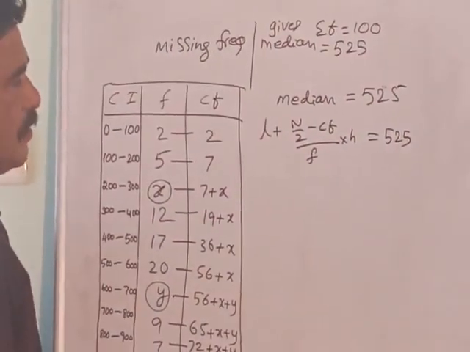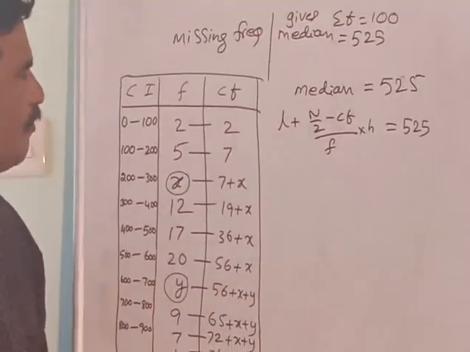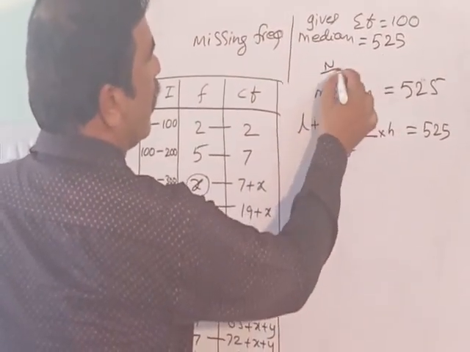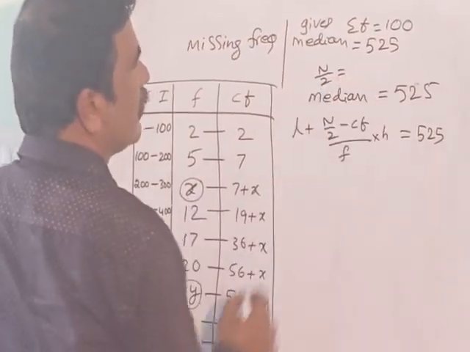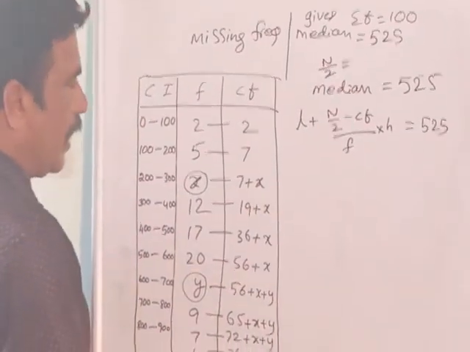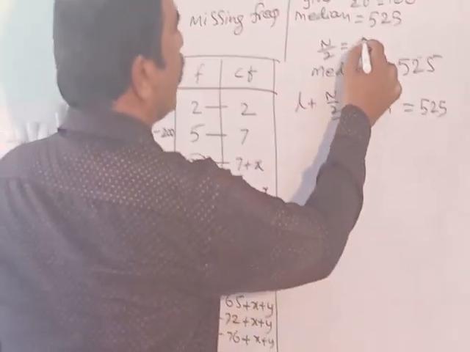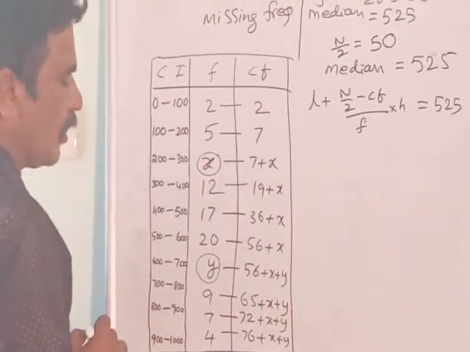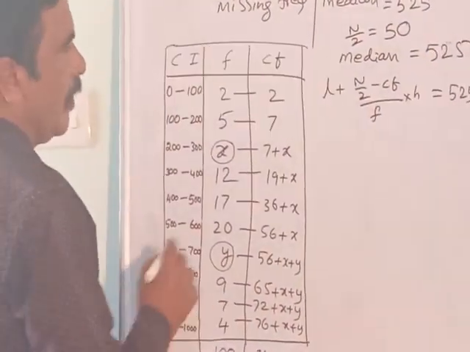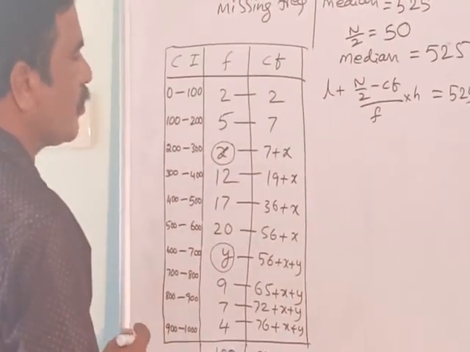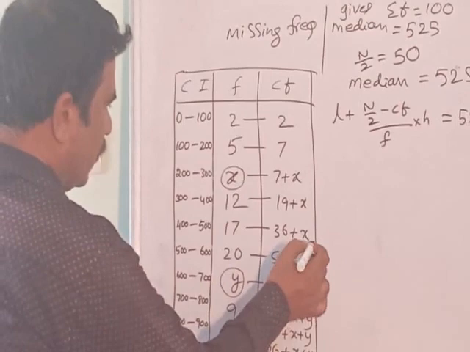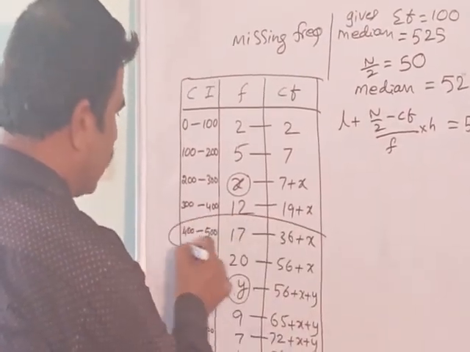Find n by 2 first. n is equal to 100, therefore n by 2 is equal to 50. Now which is close to 50, that is the median class. This is the median class you can take.